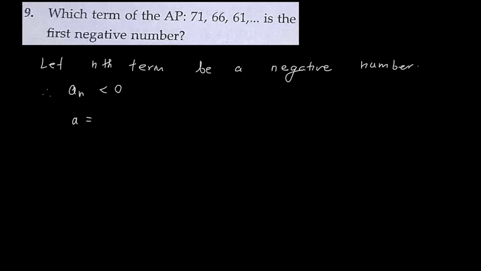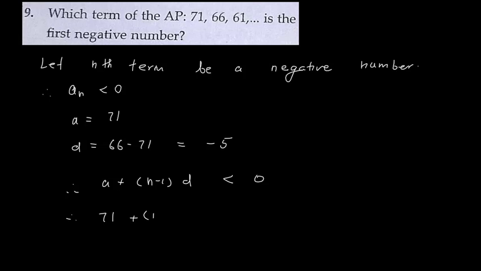The value of a you have 71. The value of d you will find is 66 minus 71, that will give you minus 5. So therefore an, which is a plus n minus 1 d, is going to be less than 0. Now the value of a we have 71 plus n minus 1, and the value of d is minus 5. This is less than 0.